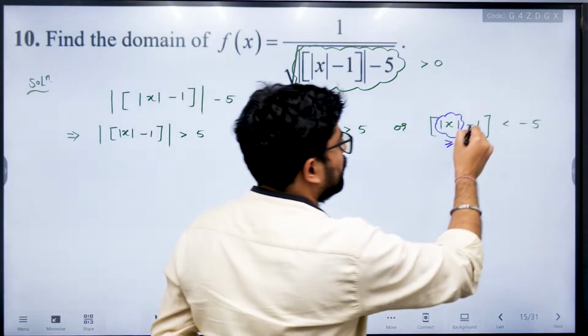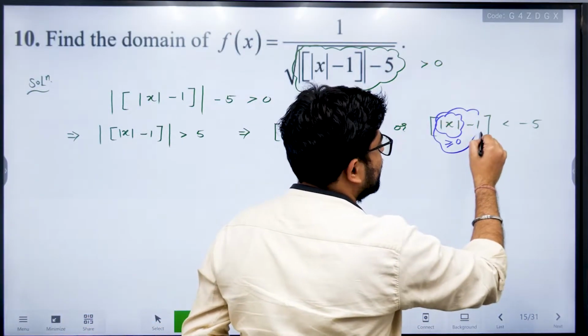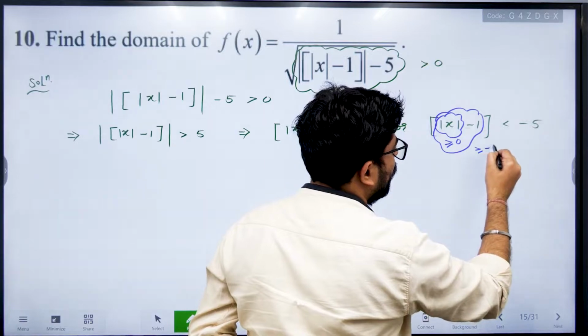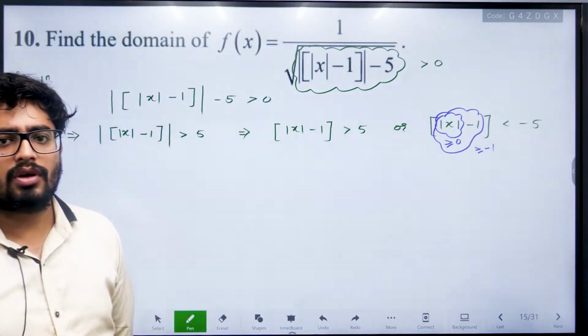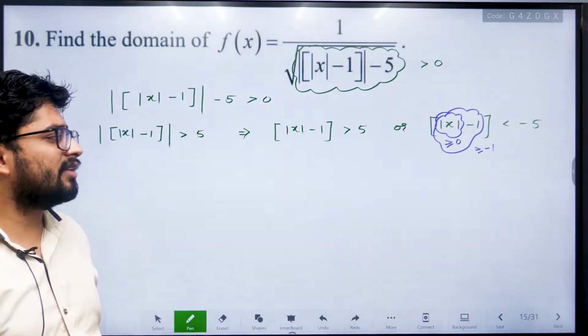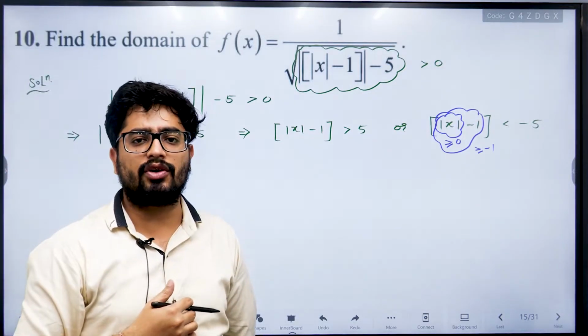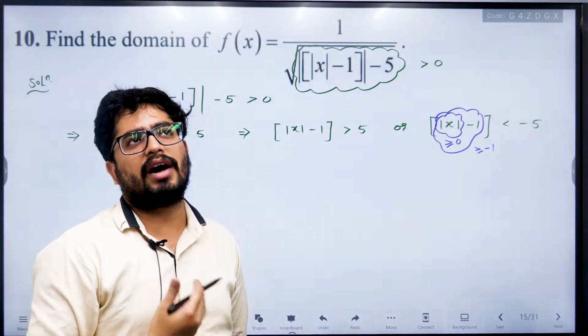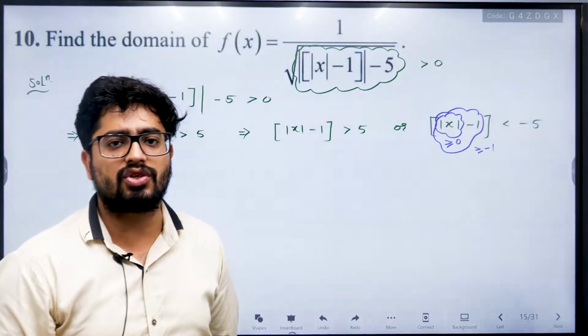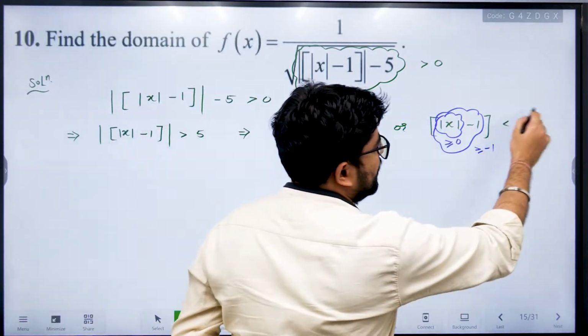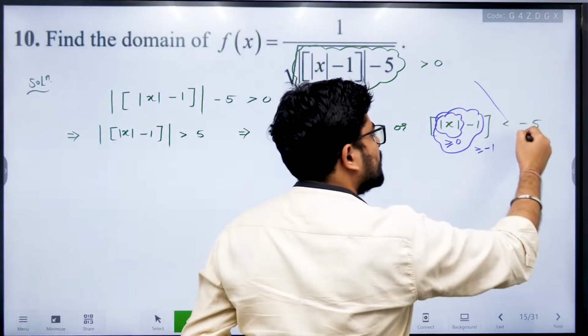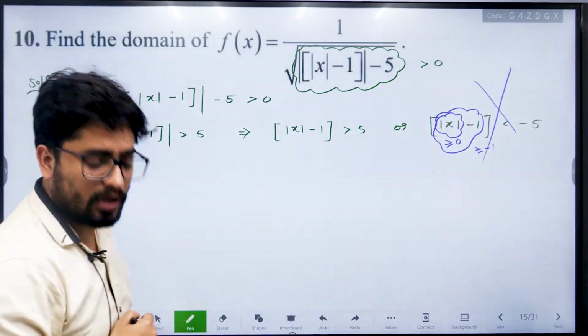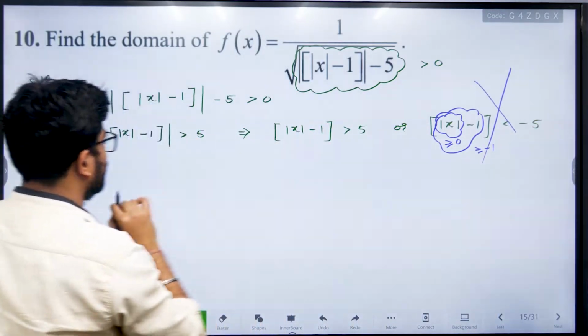And if you subtract 1, that thing is greater than or equal to minus 1. So the greatest integer of any value which is greater than or equal to minus 1 can take either minus 1, 0, 1, 2, 3 and so on. It cannot take any value which is less than minus 5. So this thing is not possible.